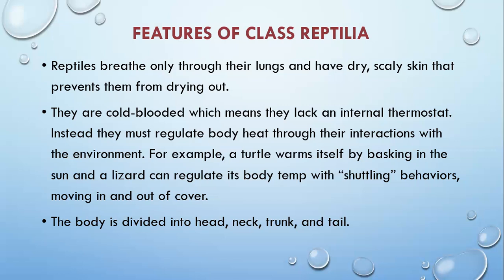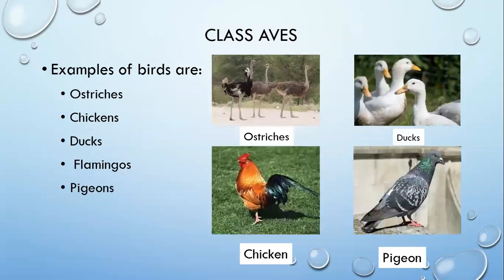A lizard can regulate its body temperature with shuttling behaviors, moving in and out of cover. The other feature is that the body is divided into the head, neck, trunk, and tail. These are just a few of the features of reptiles.